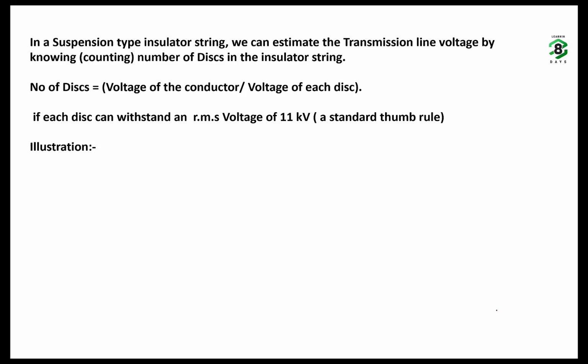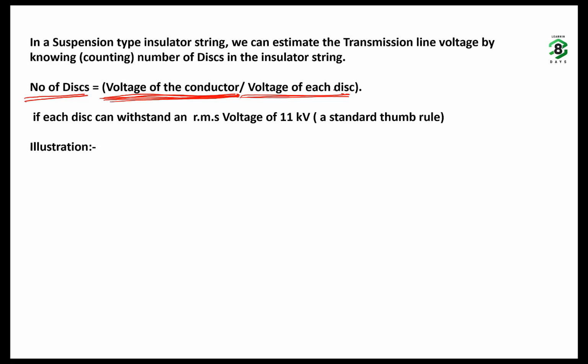In a suspension type insulator string, we can estimate the transmission voltage by counting the number of discs in the insulator string. Number of discs is given by the voltage of the conductor with respect to cross arm or with respect to ground divided by the voltage withstand capacity of each disc.